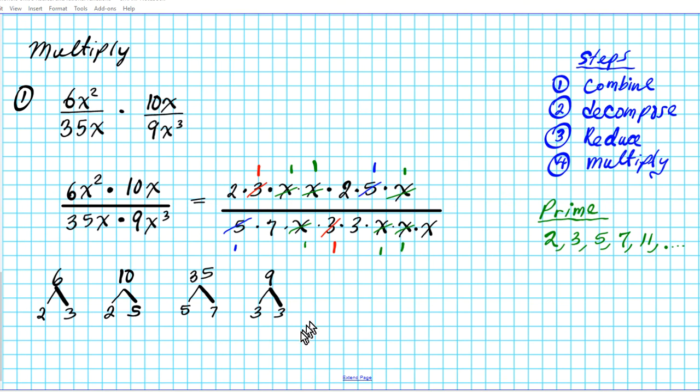Alright, so to finish it off, all we'll simply do is execute step number 4, which is to multiply. So we have 2 times 2. If we multiply 2 times all these ones right here, you get 4.